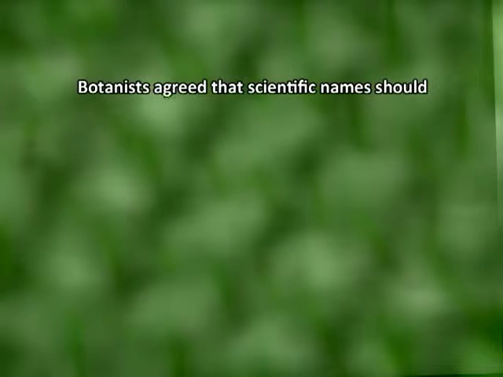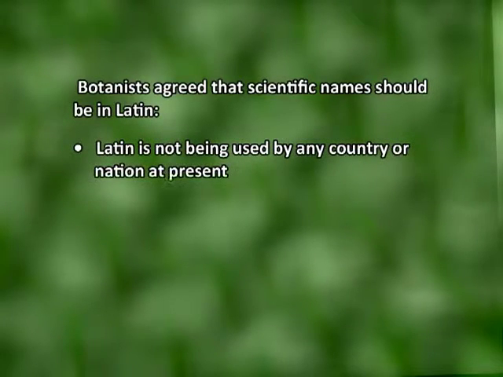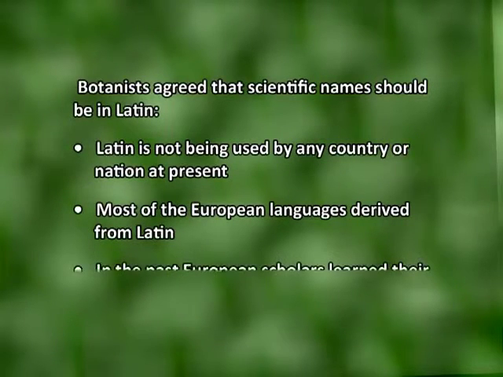Although Latin is a dead language now, it was agreed by botanists of the world that scientific names should be in Latin, particularly for the following three reasons. Firstly, this language is not being used by any country or nation at present. Secondly, most of the European languages are derived from Latin.